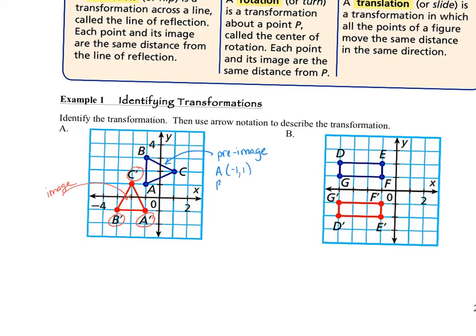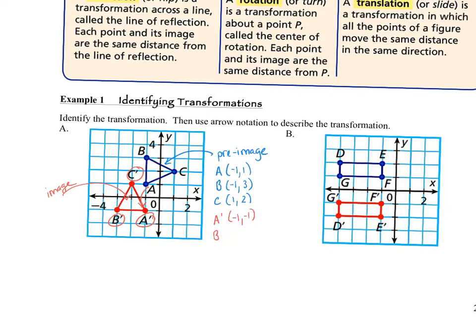A is -1, 1. B is -1, 3. And C is 1, 2. And I'm going to do the same thing for the A prime. So A prime, I can see that the A to the A prime, it spun. It was a turn, and so that is -1, -1 now.